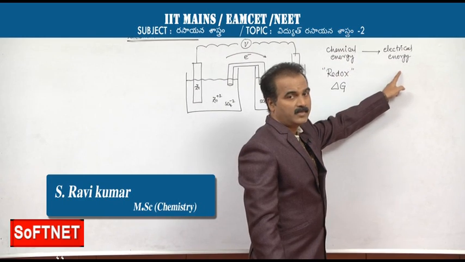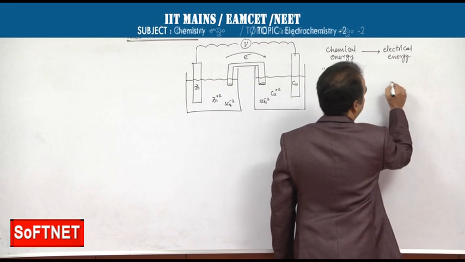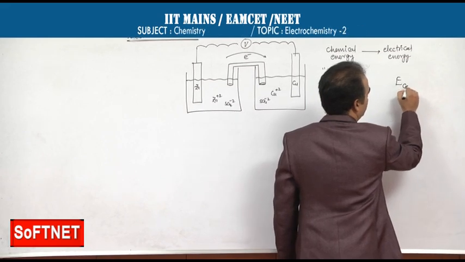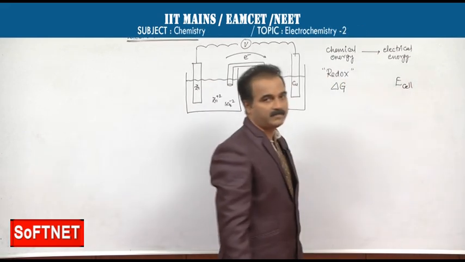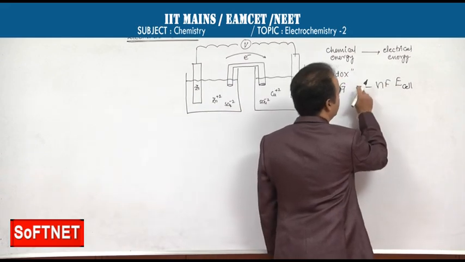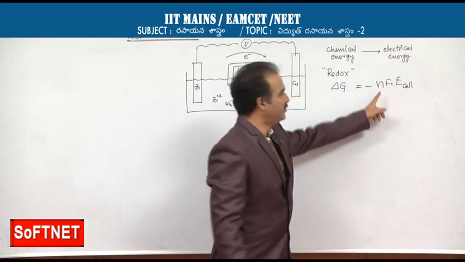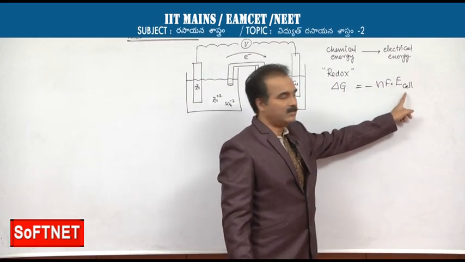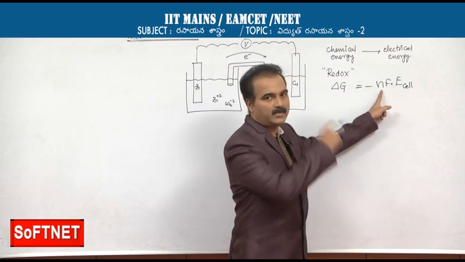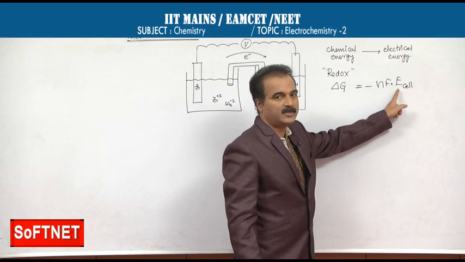Electrical energy here means electrical work done, and this electrical work done is expressed in terms of the EMF of the cell. The total relation comes out as delta G is equal to minus nF into EMF of the cell. So, this is charge transferred during the redox change as well as potential difference between the two electrodes.